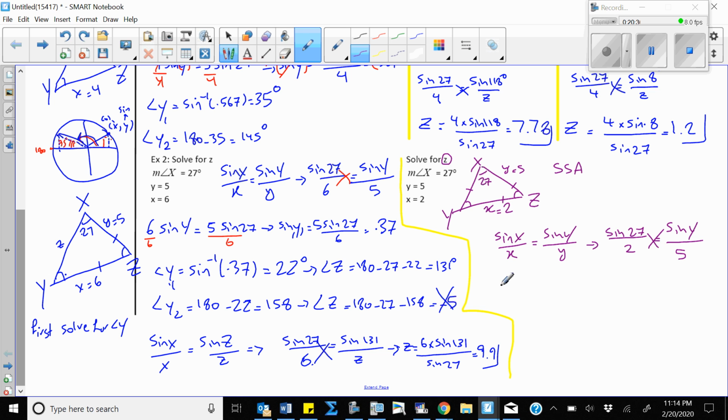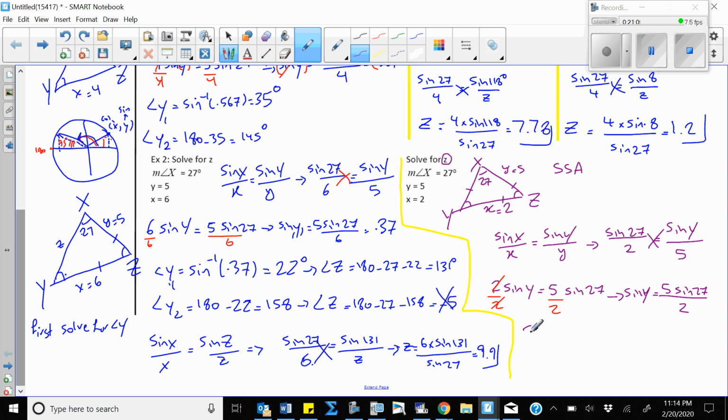Then you cross multiply, we will have 2 times sine of y equal to 5 times sine of 27. Then we divide both sides by 2, and sine of y will be equal to 5 sine of 27 over 2.